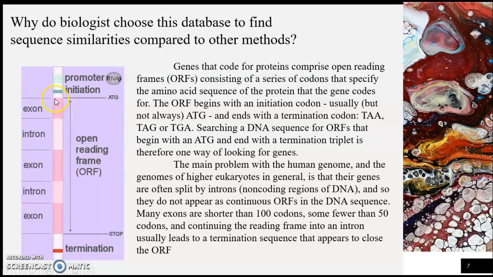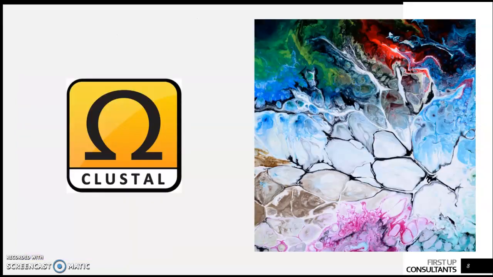So the start is usually the same, ATG. The stop, you can get 3 different triplets there. What this does is it helps us identify where these ATGs are, like approximately the length of exons in comparison to other sequences, and the implications behind that.